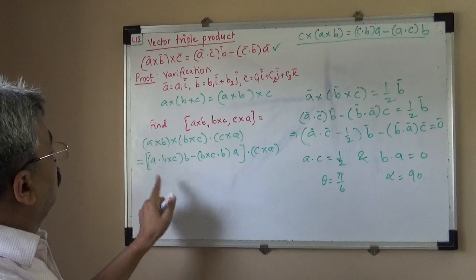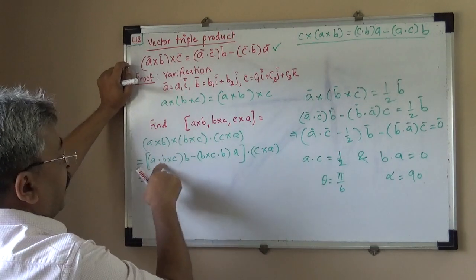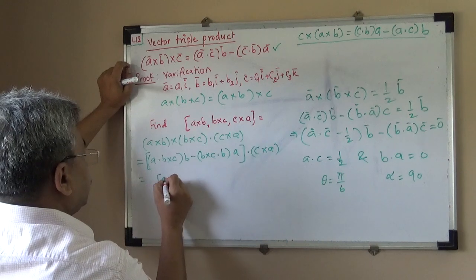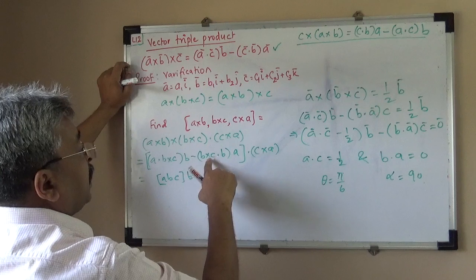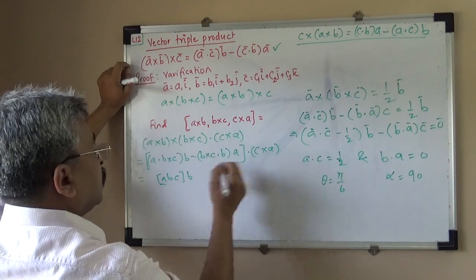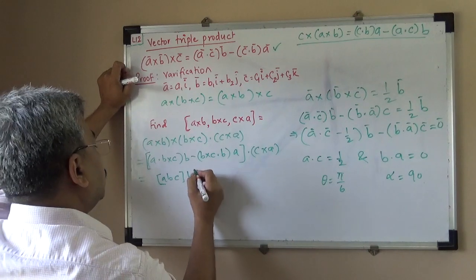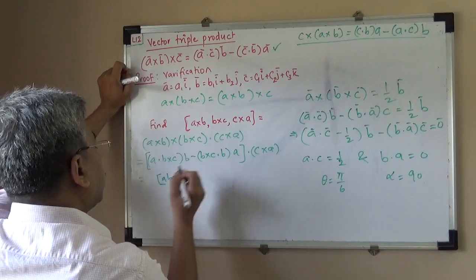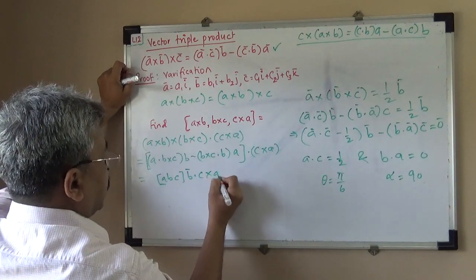So this is what we want to find out. Now A dot B cross C is box ABC times B, and B cross C dot B is 0. Therefore this particular quantity is 0. This is a scalar, this is a vector, dot C cross A.